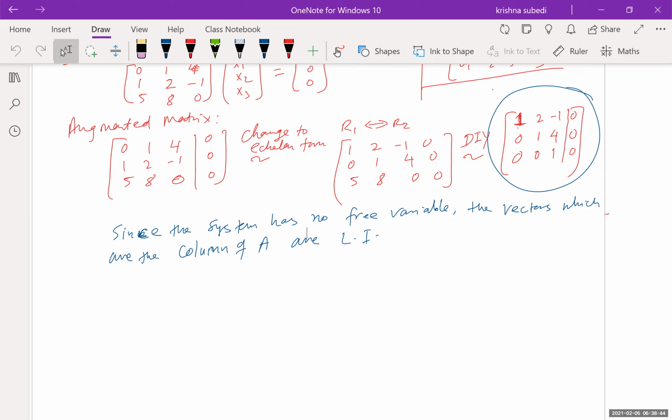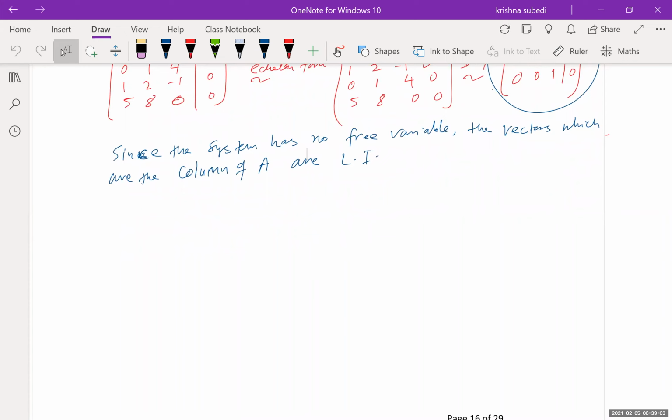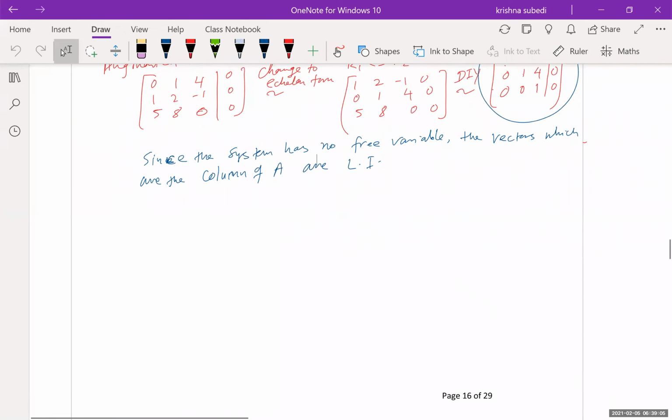But there are some situations where you can just tell by looking at the vectors. You don't have to do all of this process, and you can make your life so easy. Just by looking at the vectors, you can tell whether they are linearly dependent or independent. That's what we're going to learn now.